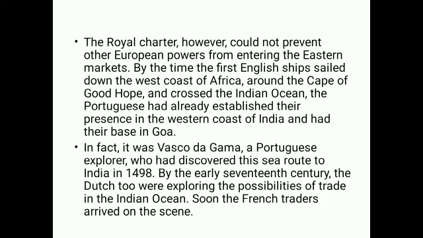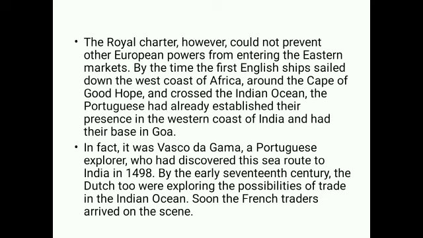In fact, it was Vasco da Gama, a Portuguese, who had discovered the sea route to India in 1498.